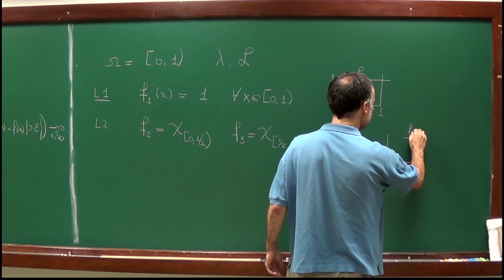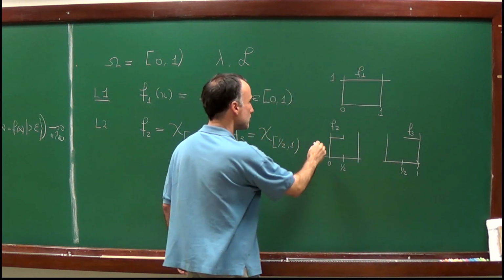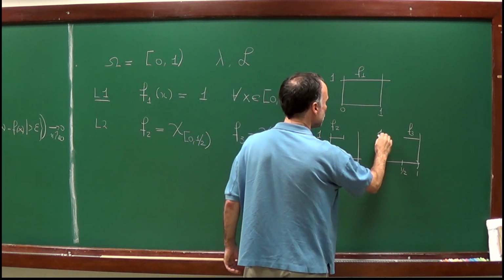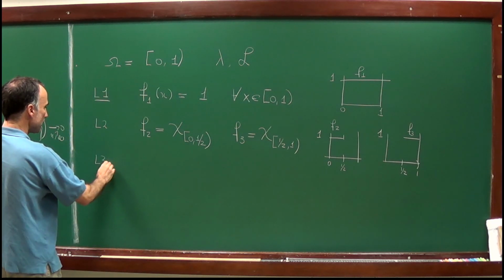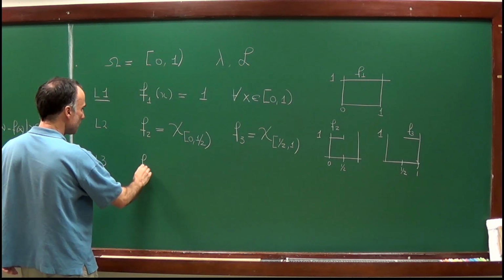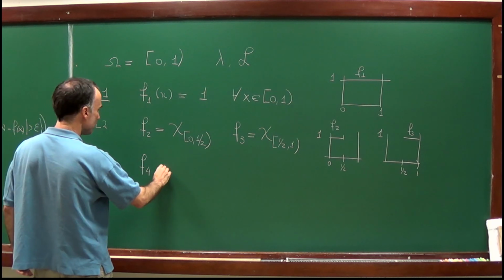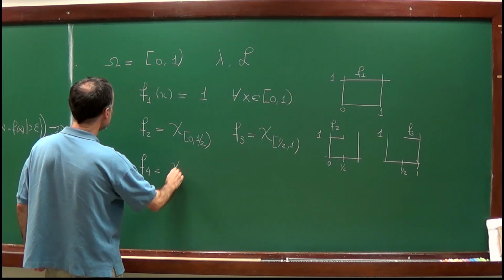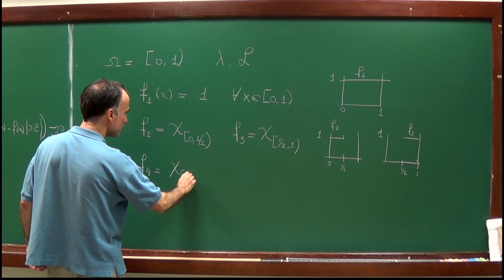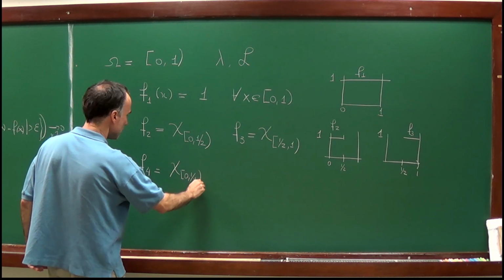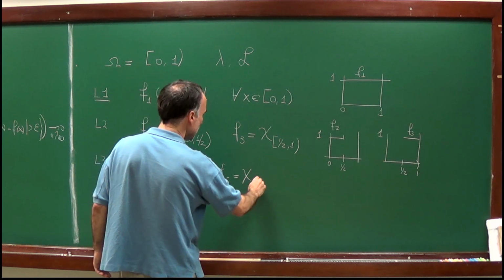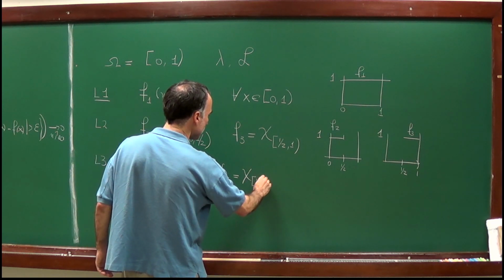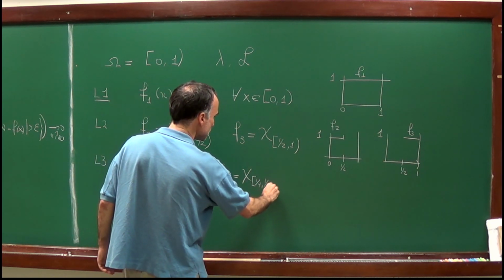So this is the graph of the functions f_1, f_2, and f_3. And so on. At level 3, as you may guess, my function f_4 will be equal to the indicator of the interval [0,1/4], f_5 will be the indicator of the interval [1/4,1/2], and so on.